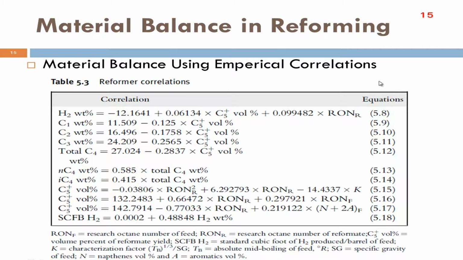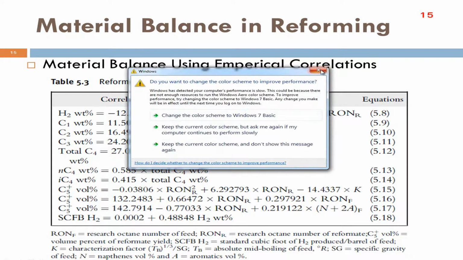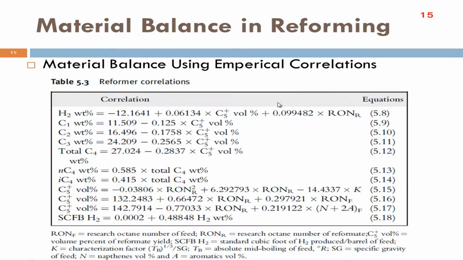Now let's see if I would like to do the approximate calculation. The following empirical equation here provides an approximate calculation for the reforming unit. As we know that the feed material of the reformer is heavy naphtha, probably we have to know the basic information of the feed. For example, how much naphthenes and aromatics are contained in the feed.